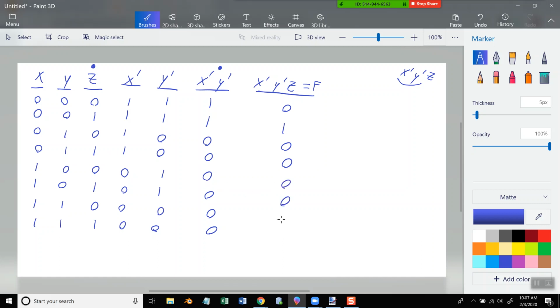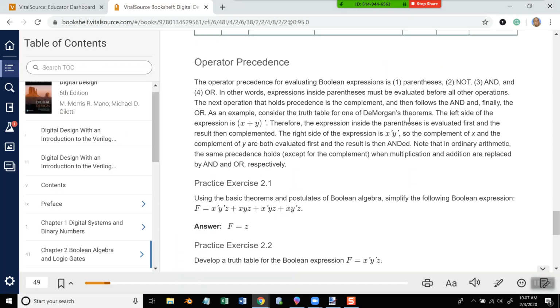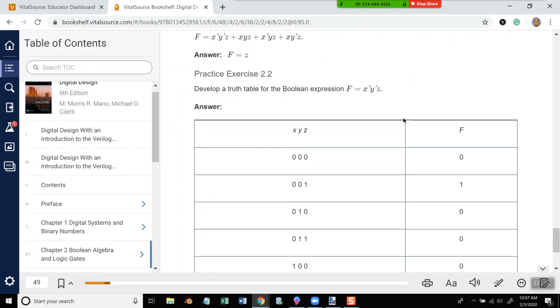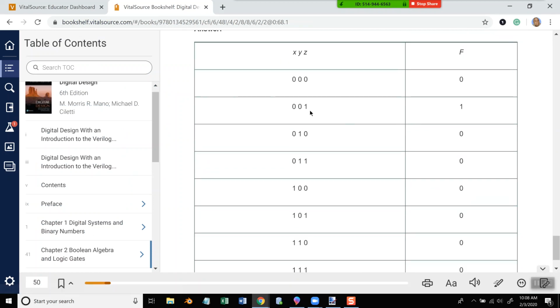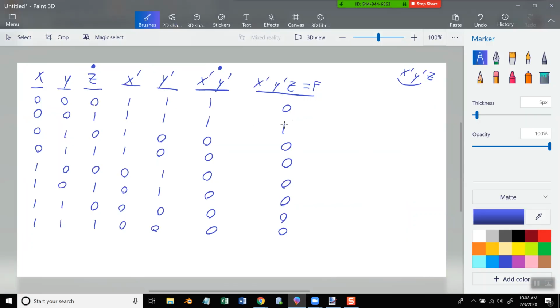And I guess the rest of these are zeros. So assuming I didn't get off, they shall be zeros except 0, 0, 1. That's the one.